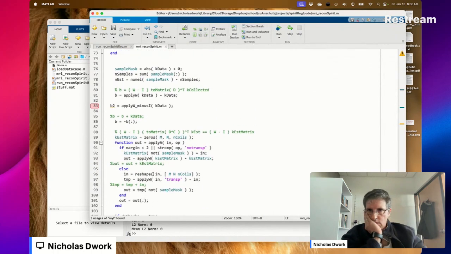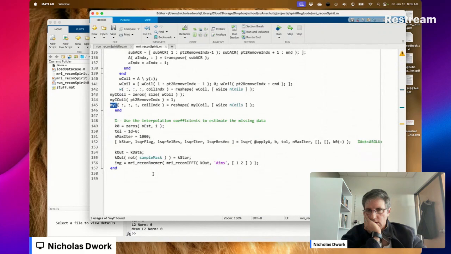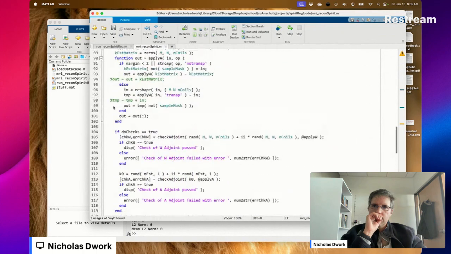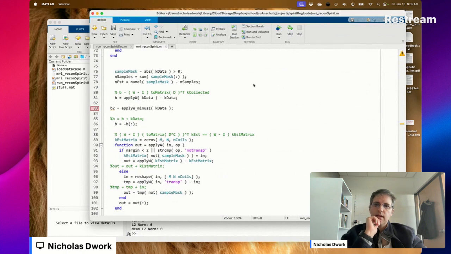Oh. My I gets created here. But applied W gets applied way up here. Well, how did this ever work?